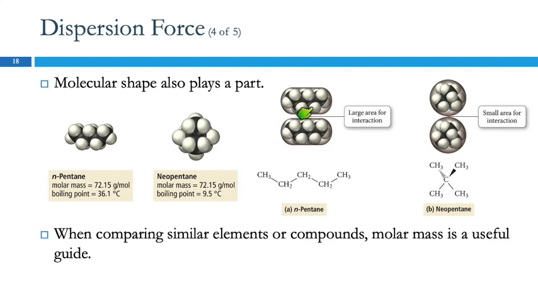And so here this whole side is able to get close to that one. Whereas neopentane is more spherically shaped, and so no matter how you try to arrange these, you can only get close in one small area. And so the forces of attraction here are going to be lower, and that's reflected in the lower boiling point.